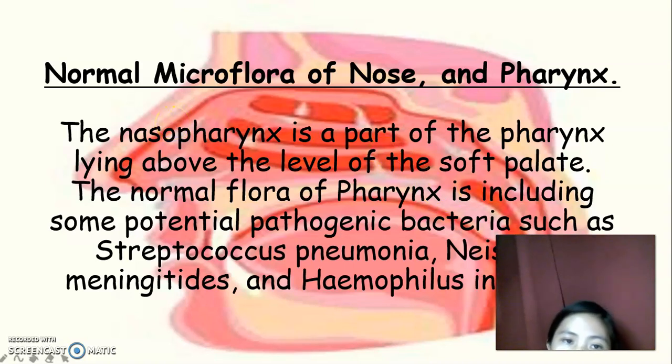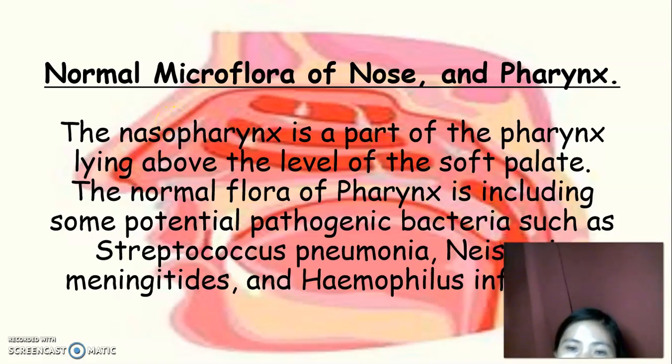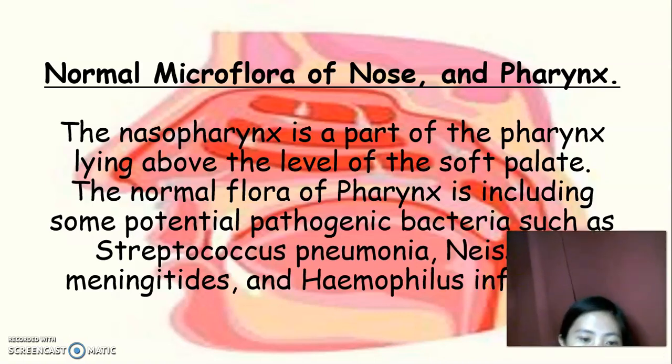Next is normal microflora of the nose and pharynx. The nasopharynx is a part of the pharynx lying above the level of the soft palate. The normal flora of the pharynx includes some potentially pathogenic bacteria such as Streptococcus pneumoniae, Neisseria meningitidis, and Haemophilus influenzae.